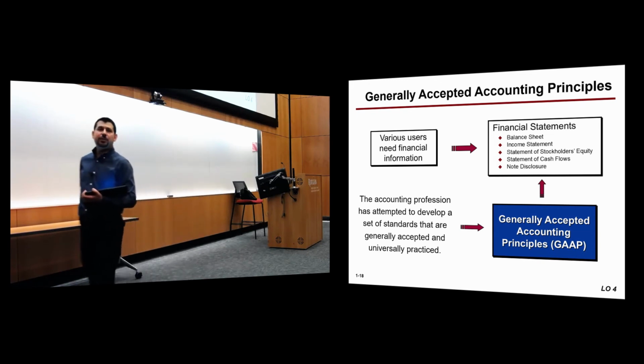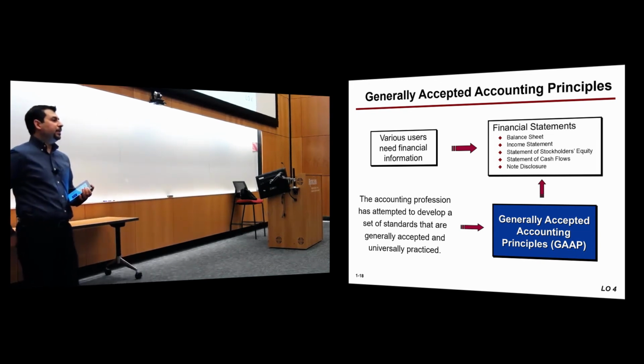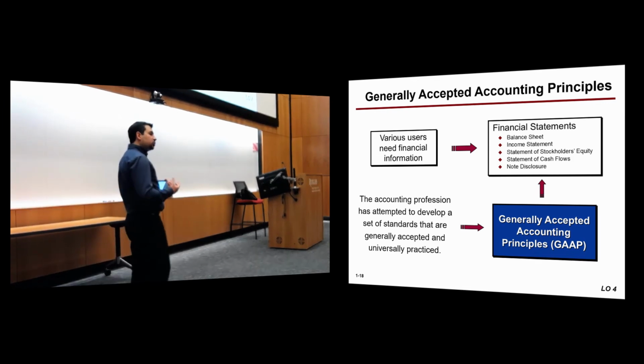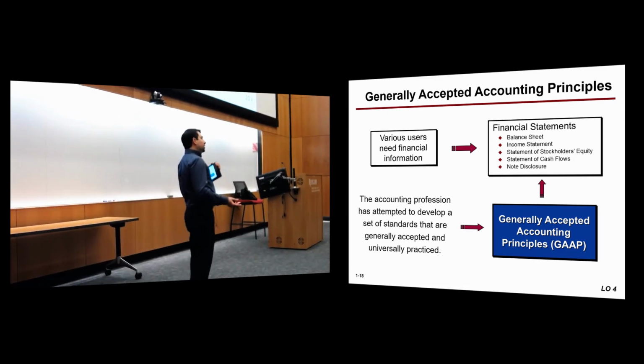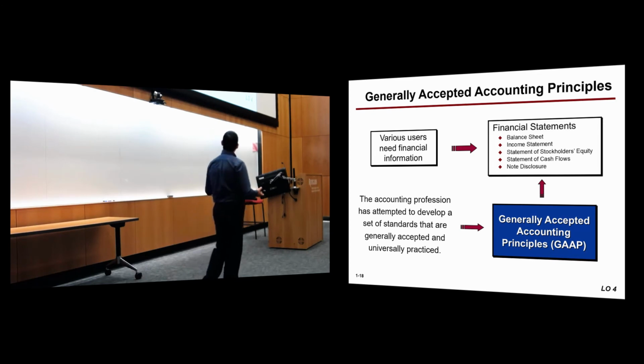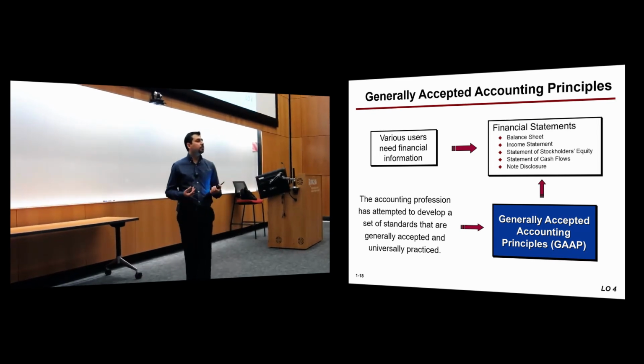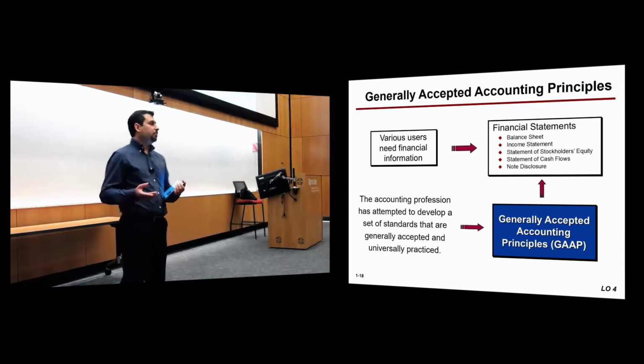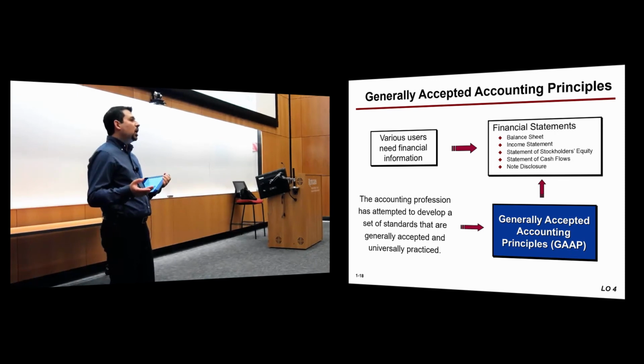Now we get to this because people would like to have some option to be able to compare companies' results. You are a potential investor and you want to look at the performance of Apple versus Samsung, okay? You need to be able to compare their information. If each one of them says one thing, it's hard to compare.